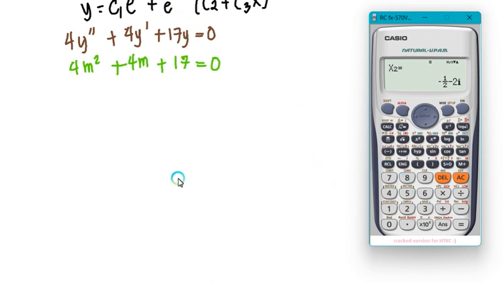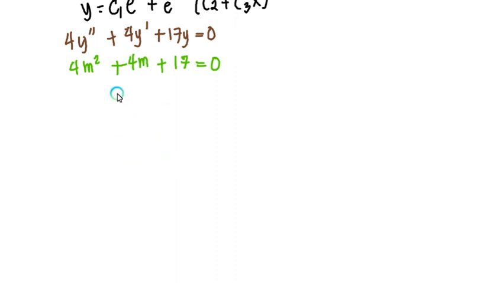That means, we have case number 3 here. Conjugate complex numbers. Okay, m naton is, or m1, is negative 1 half plus 2i.